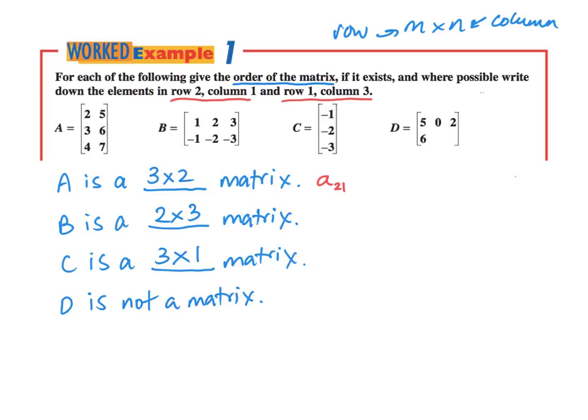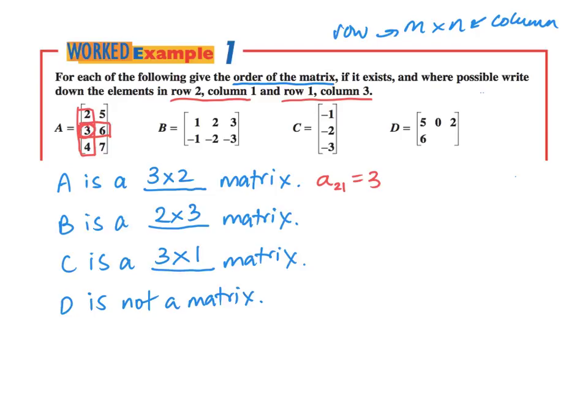So if we go and look at matrix A, if we take row 2, column 1, row 2 is this here, and column 1 is this here, then we're looking at this value of 3.